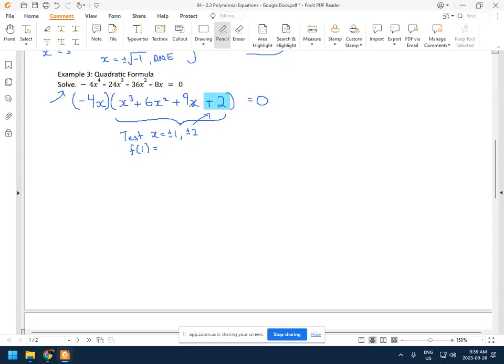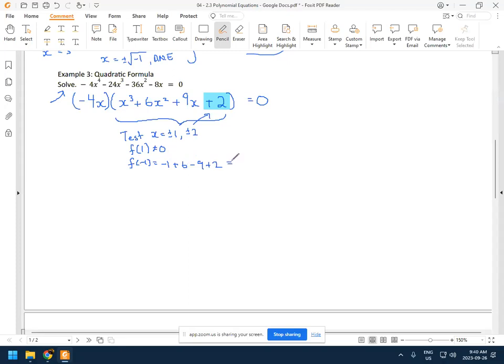Positive, positive, positive, positive. That's not going to be a 0. Let's test negative 1. Negative 1 plus 6 minus 9 plus 2. Is that right? That's 8. No, that's not.